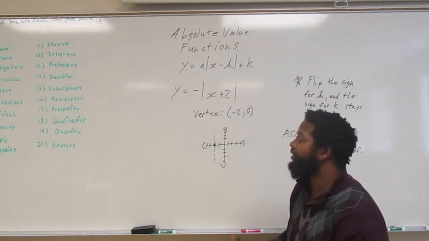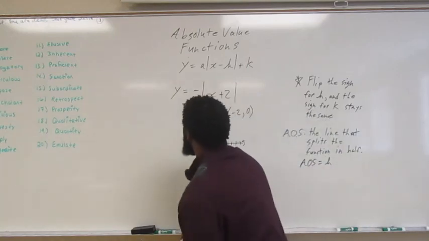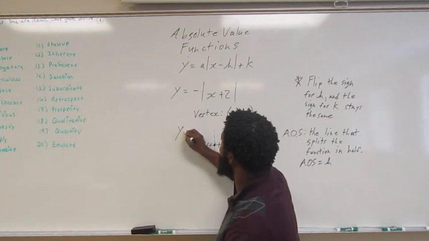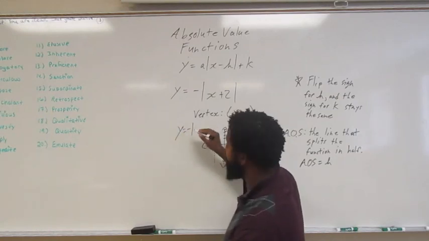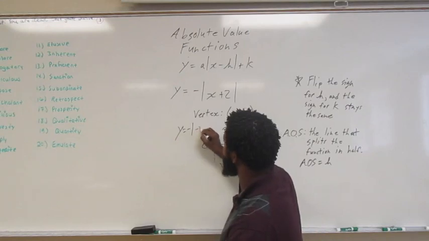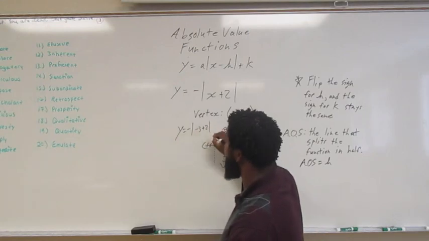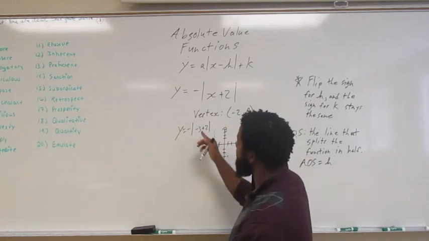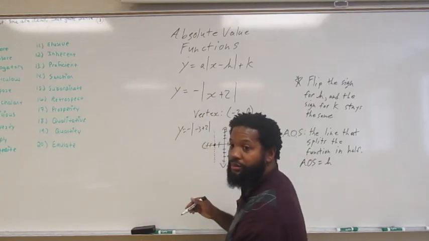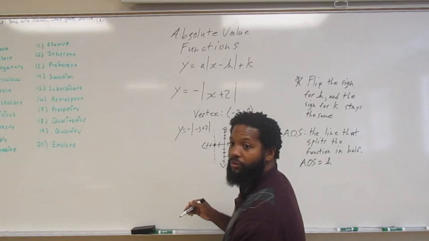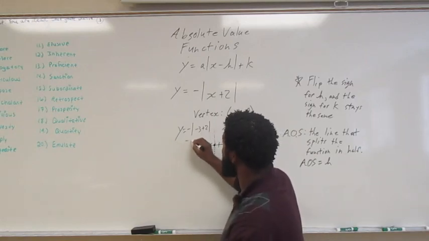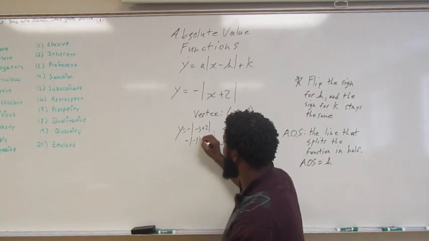Okay, so if you were to put this up there, y is equal to negative, absolute value of negative 3 plus 2, right? Because that's what you're plugging in for that x. What's negative 3 plus 2? Negative 1, right? So we have negative, absolute value of negative 1.